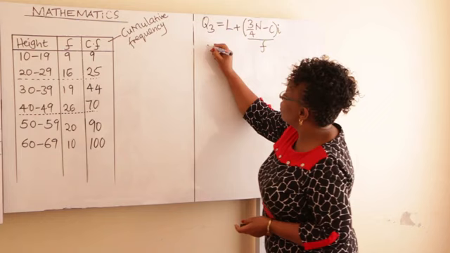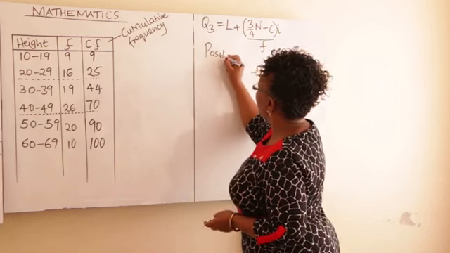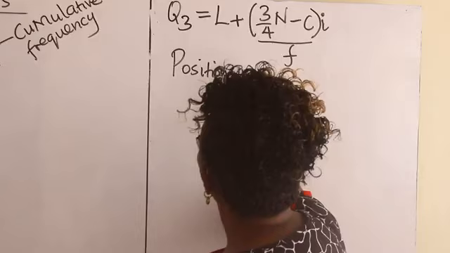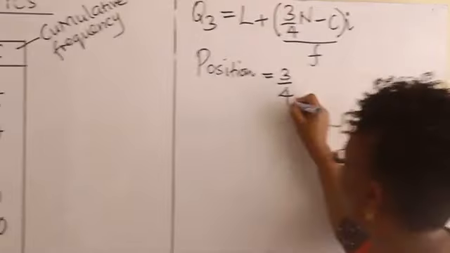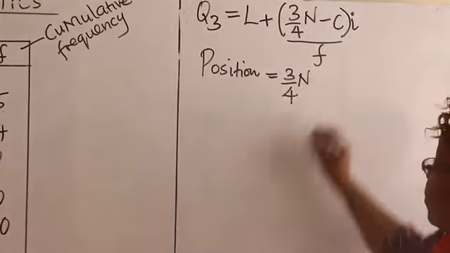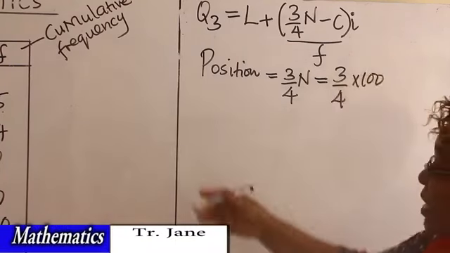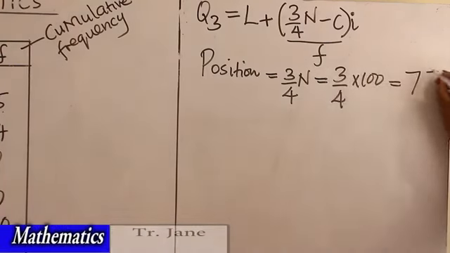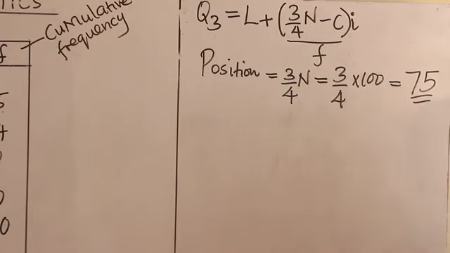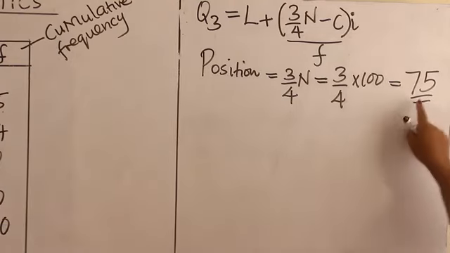Again, you look for the position of the upper quartile. It is three over four of n, and our n is 100 from the data. And therefore this gives you 75. Our upper quartile is on the 75th position.